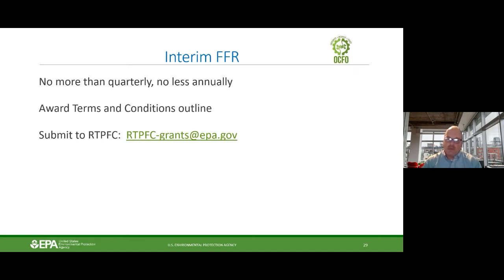But like I said, you will want to check the terms and conditions of each grant to determine when you need to submit your interim FFR, okay? All FFRs, whether they're interim or final, will be submitted to the RTPFC inbox, which is RTPFC-grants@epa.gov. Next slide.